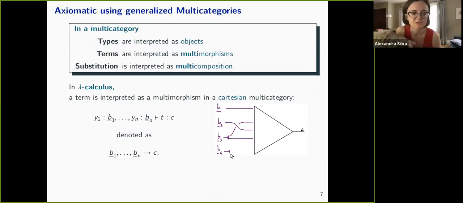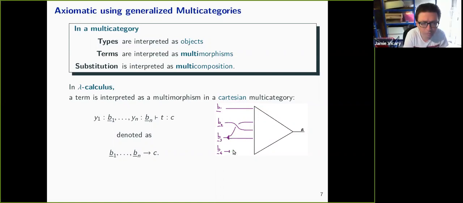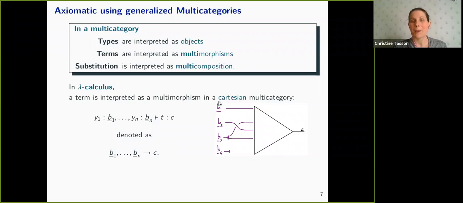Christine, there's another question. Yes. Jamie: Thanks, Alexandra. So types, terms, and substitutions. What about contexts? Contexts are represented by this sequence of inputs. When I am in a multi-category, I don't have to interpret the context, it's built in.